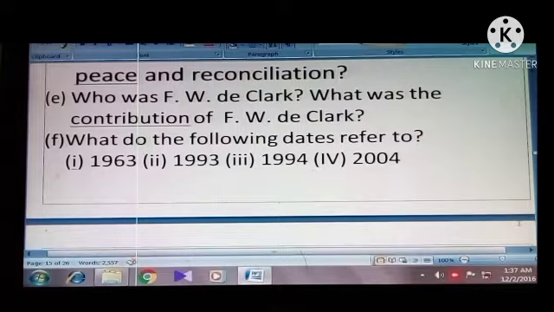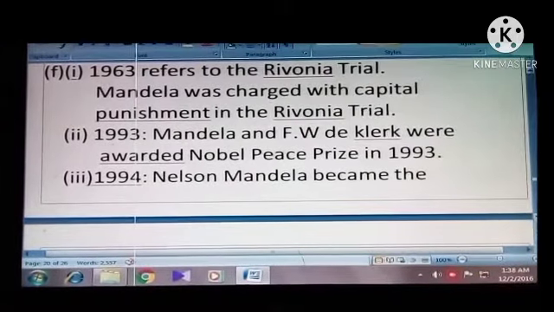So we will write down what happened in these years. F1, 1963 refers to the Rivonia trial. Mandela was charged with capital punishment in the Rivonia trial.